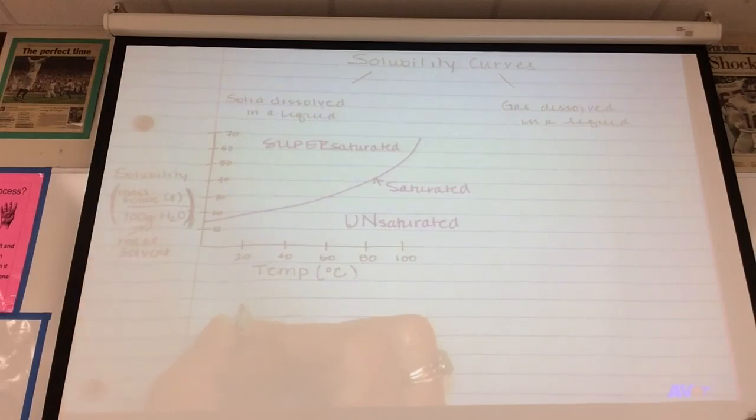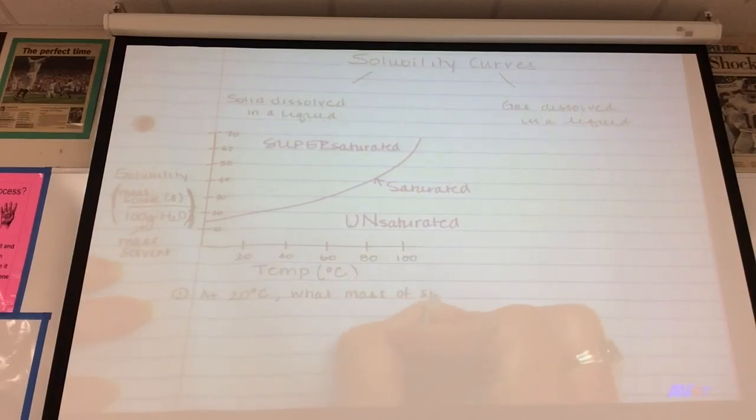Let's say the first question is, at 20 degrees Celsius, what mass of solute dissolves in 100 grams of water to generate a saturated solution?